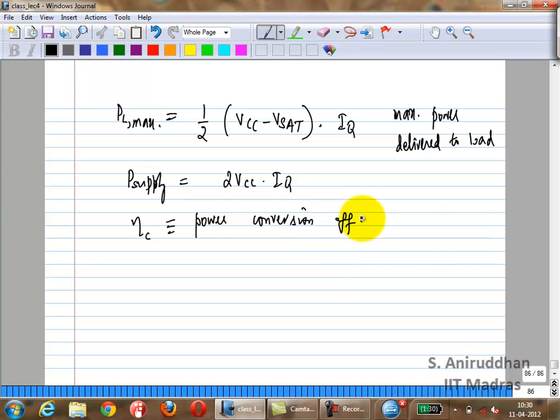So I'm going to define something called eta C, which is the power conversion efficiency, which is nothing but the power delivered to the load over the power drawn from the supply. In this case, what is eta C max? This is the max power delivered to the load.